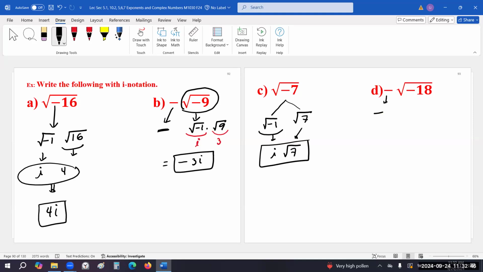Then you would have -1 for AC, then -1 down y. And then for BC, 9 for 9, for 2. Good. For 9, 3. Here, 3.